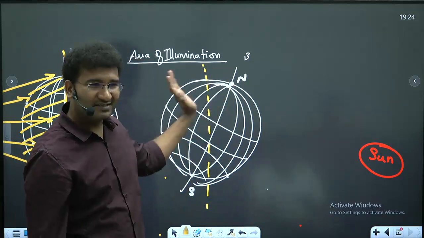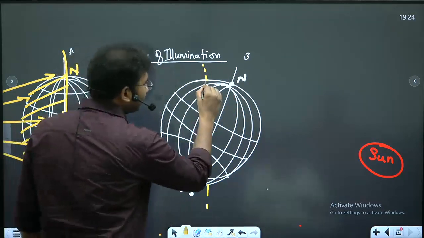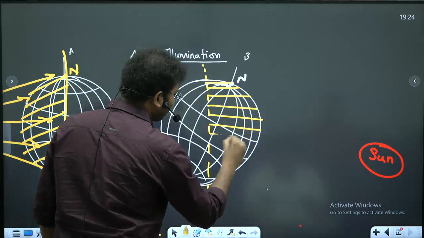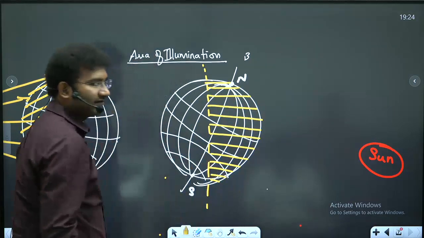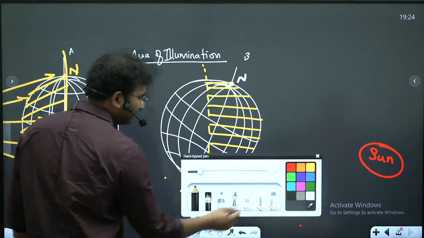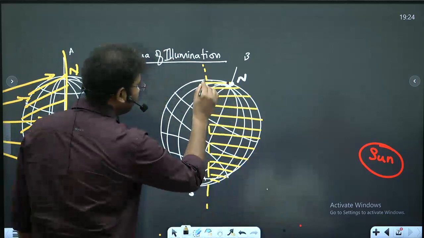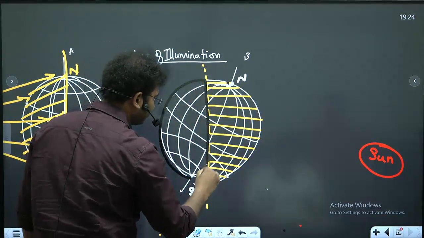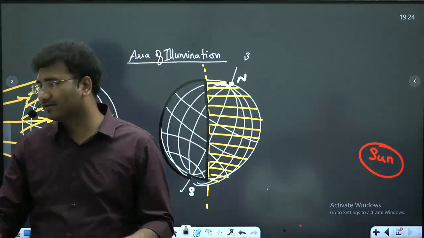Now the point is that the earth's axis is tilted. So in such conditions, you see that this part of the earth will be having sunlight and this part of the earth will not be having sunlight. ठीक है? This part of the earth shall not be having sunlight. Now, does the North Pole have sunlight?